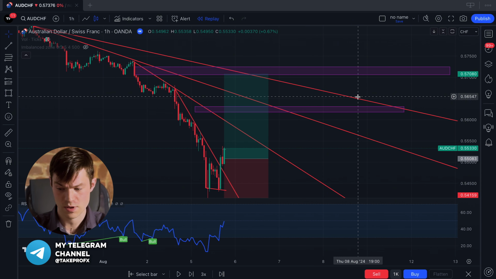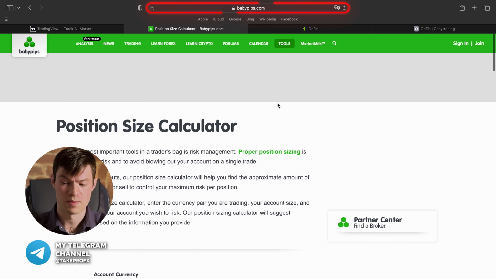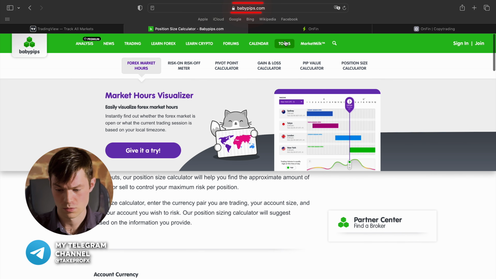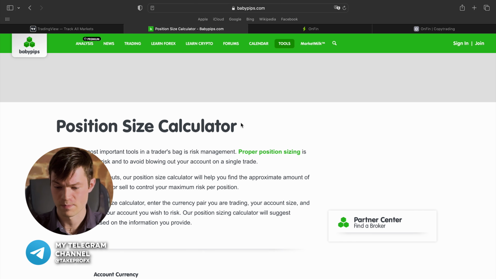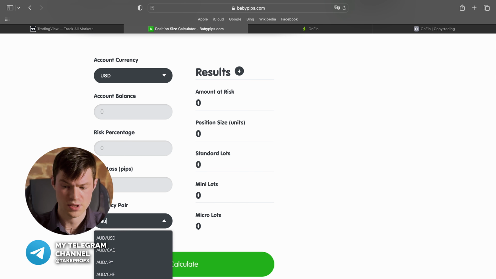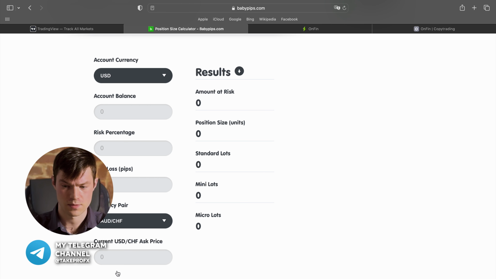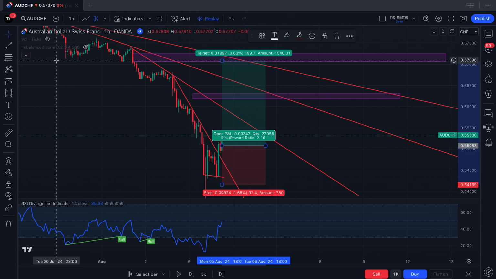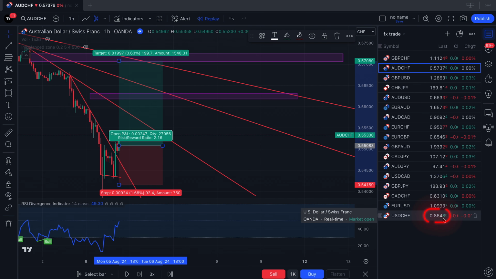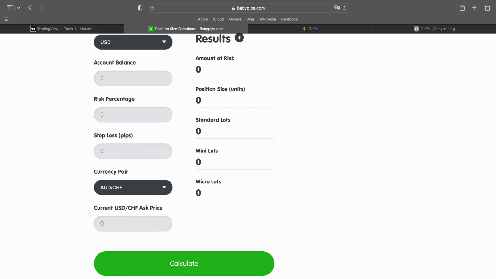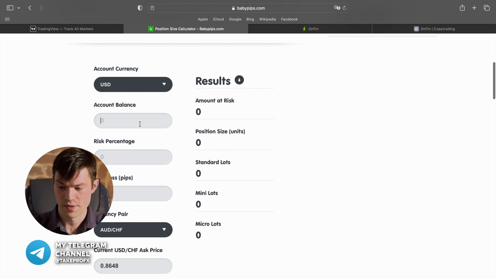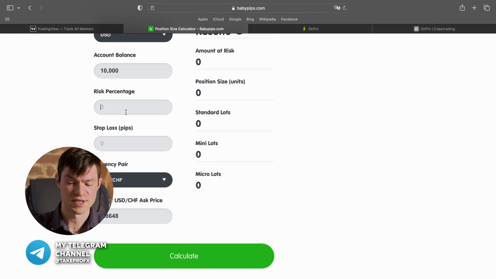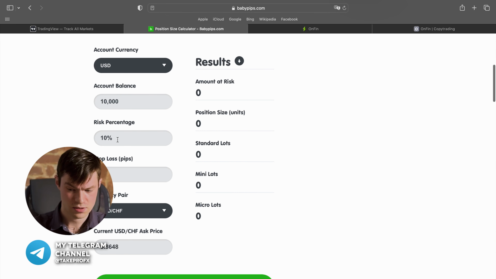We have decided on the position. Now let's calculate its size. To do this, we go to babypips.com. Here we go to Tools, then open Position Size Calculator and choose the currency pair on which we are trading. Then the calculator asks us to enter the value of this currency pair. We carefully enter it. The balance of my account, for example, is 10,000. I always put the risk on the trade equal to 10%.